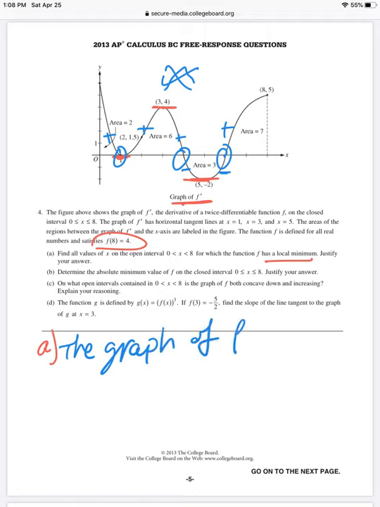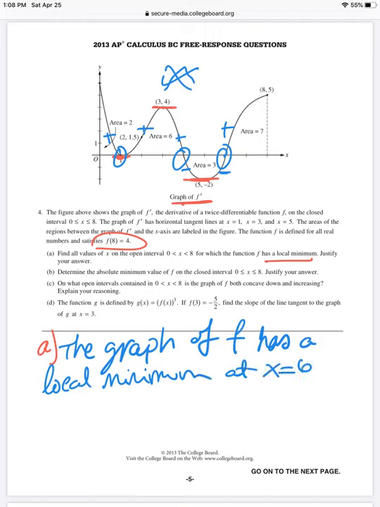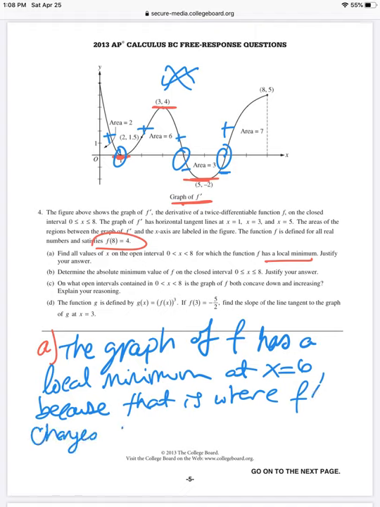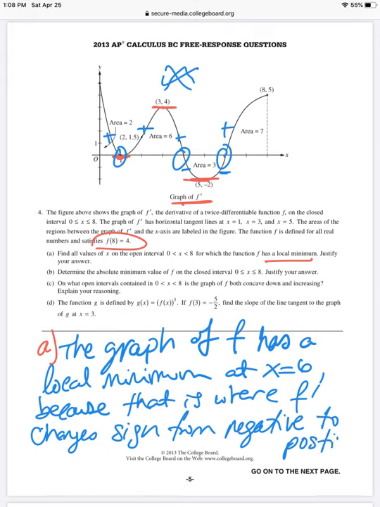The graph of f has a local minimum at x equals 6 because that is where the derivative changes sign from negative to positive. This would be a 1-point answer. And there you go.